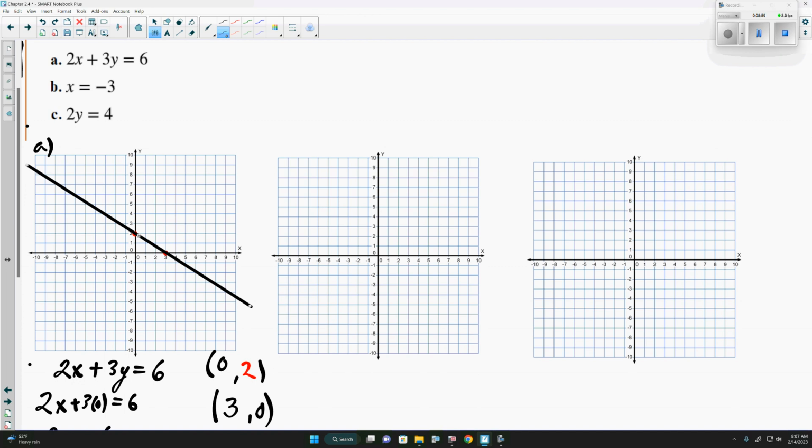X equals -3 is just a vertical line at -3. It's a straight up and down line. Whenever we have x equals, we're talking about a vertical line.